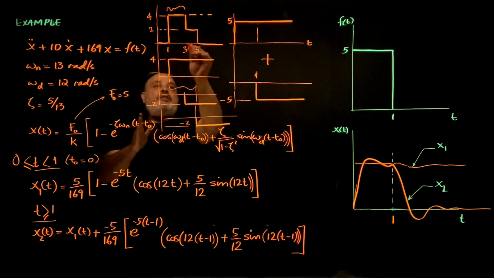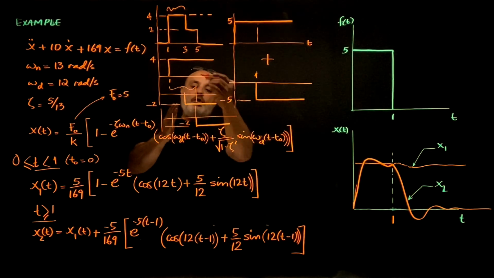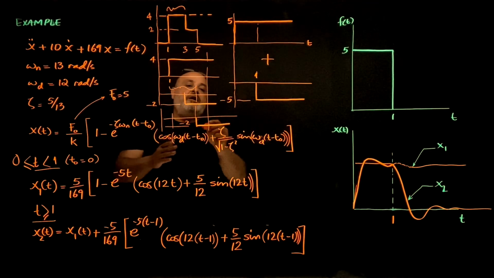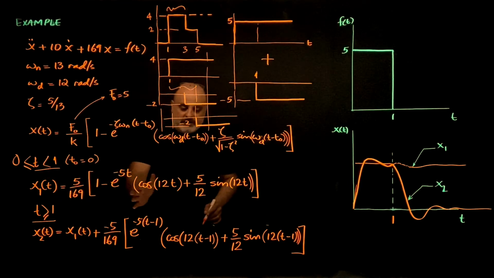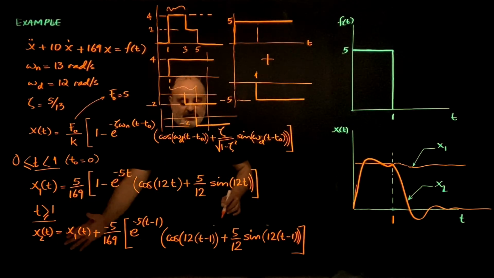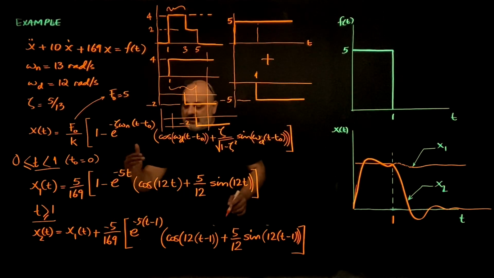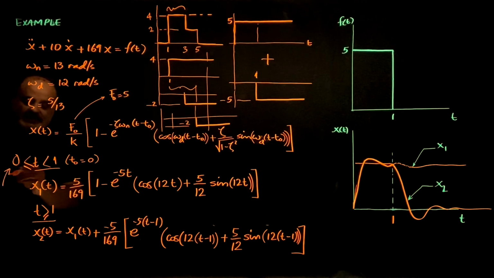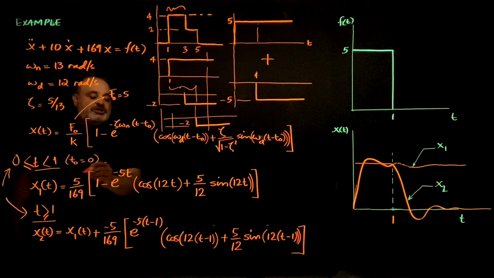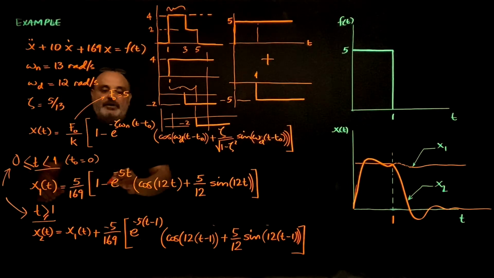And after 5, all the steps are included in the response. And I will follow the same procedure here, determine the step response of each input separately and then add them up. And the most important thing is to specify exactly and very clearly which response belongs to which time domain.